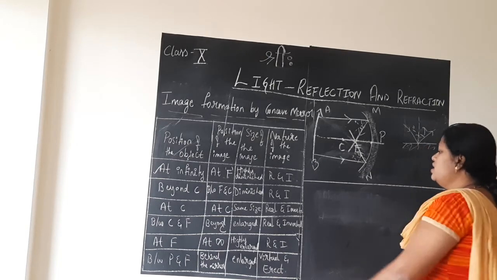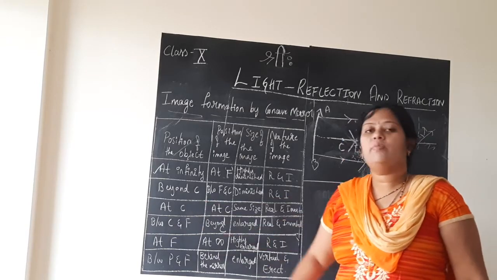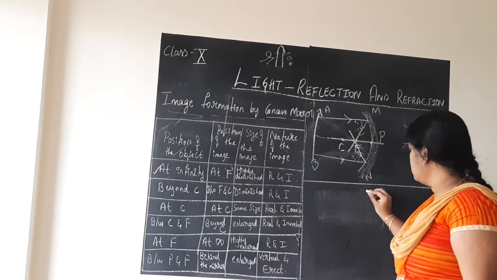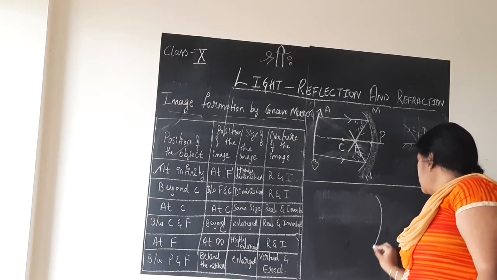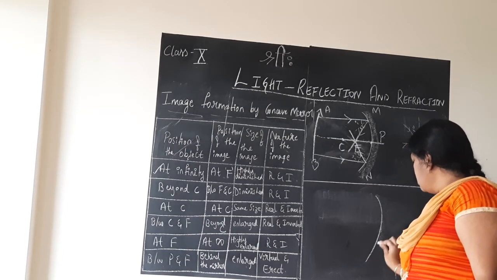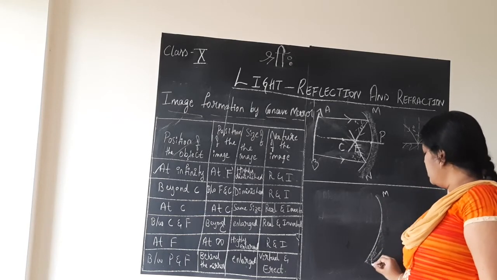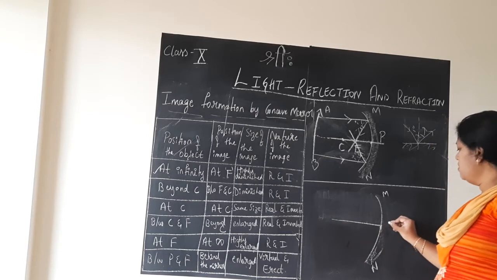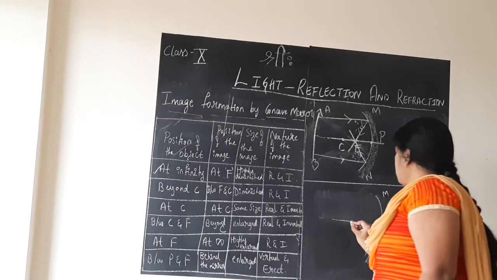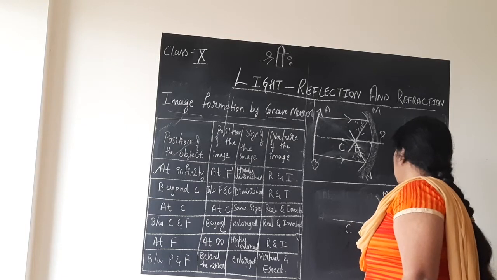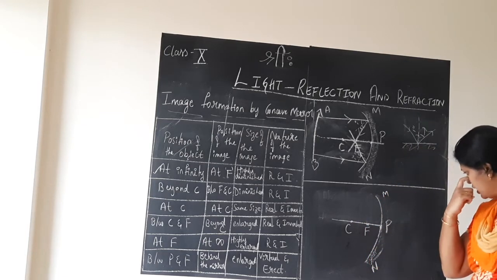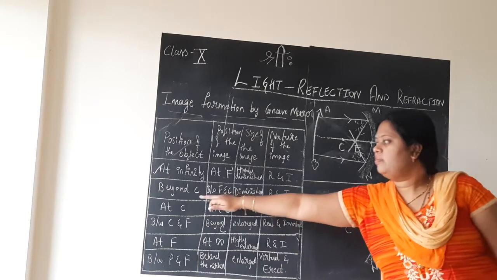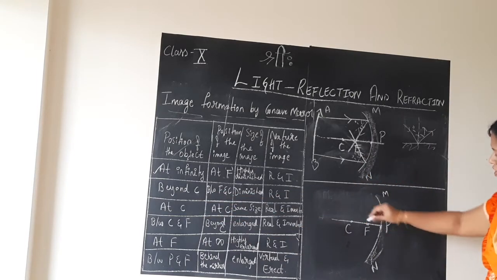Next we shall draw the second ray diagram, where the object is placed beyond C, that is beyond the center of curvature. First step, draw the armature, shade it, polish it, label it MN, draw the principal axis, label the center as pole, mark the center of curvature C, and in between C and P you mark F. Now the object is not at infinity, but in the second case it is beyond C. Where is C?